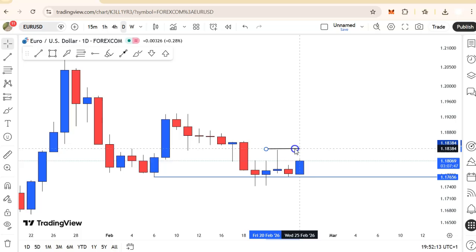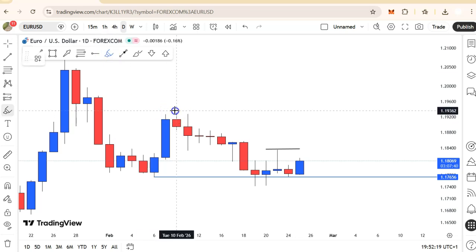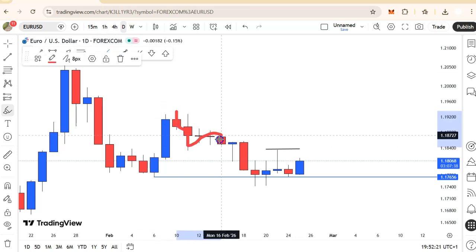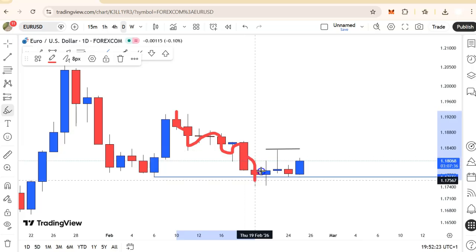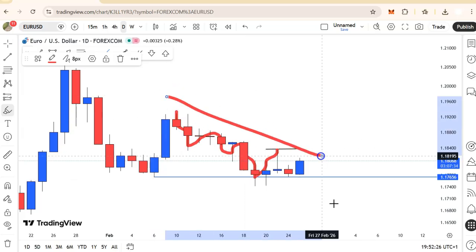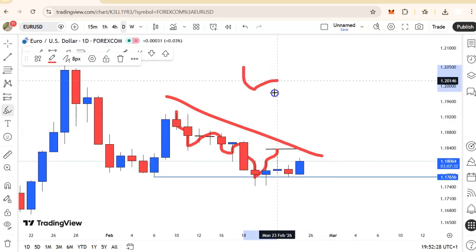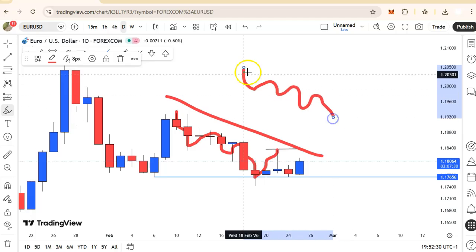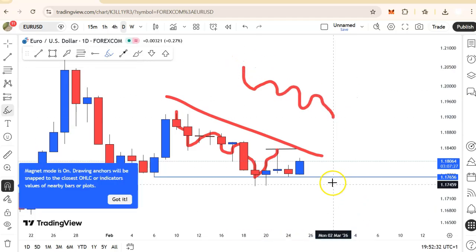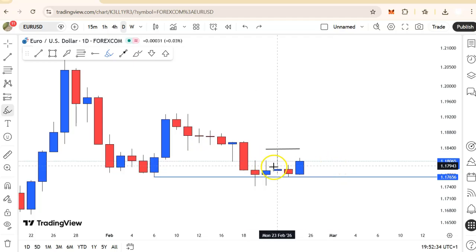Of course, this is just another confirmation that the current trend is still kind of bearish, because just by following the price you can see that market is in this retracement phase, right? So as long as the market is in this retracement phase, ideally we want to look for potential short trading opportunities.